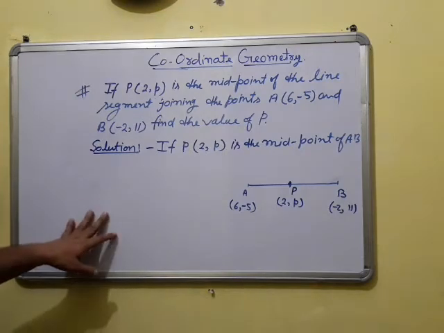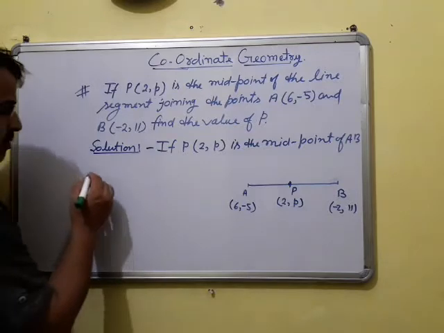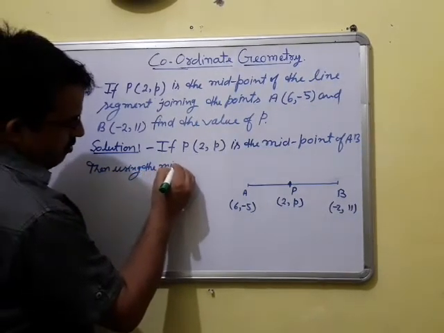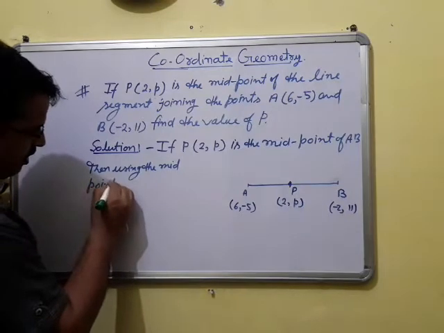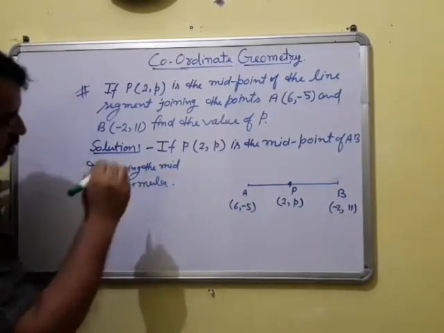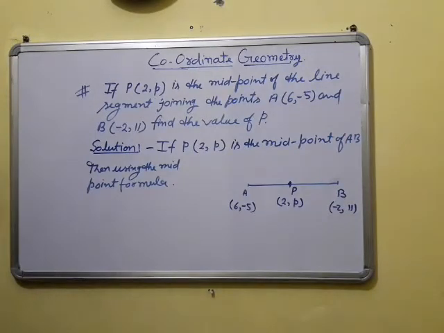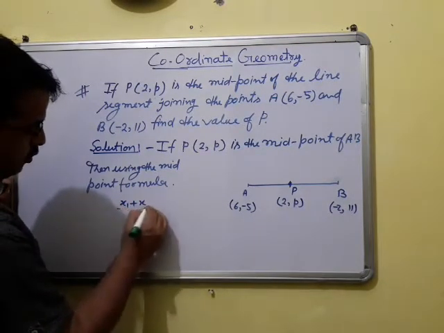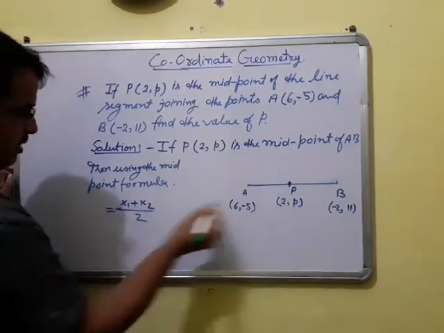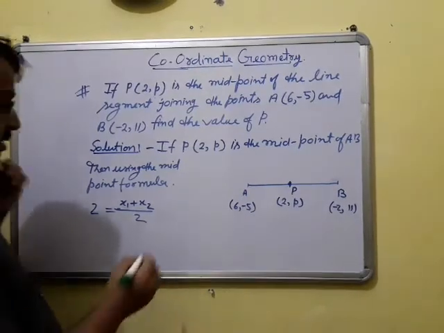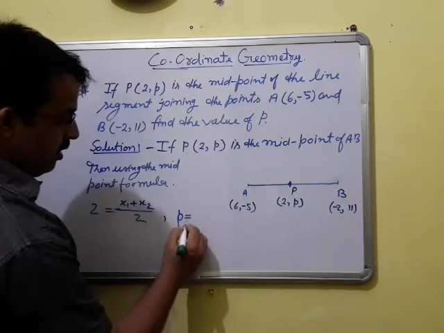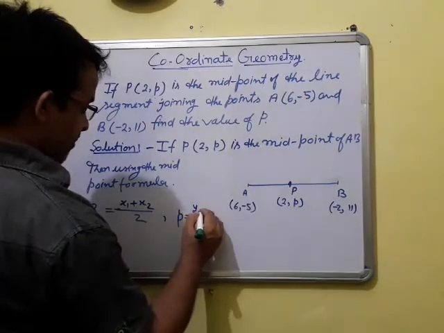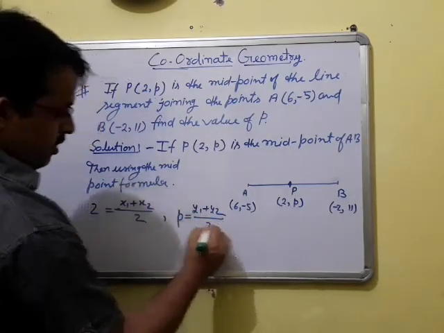So using the midpoint formula, (x1 plus x2) by 2 equals 2, and P equals (y1 plus y2) by 2.